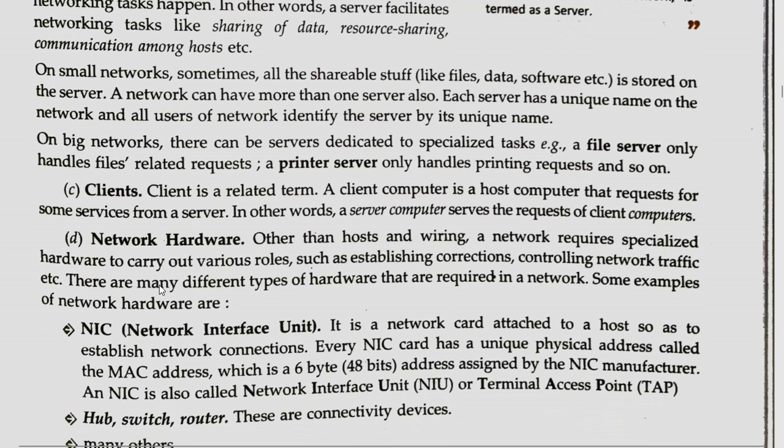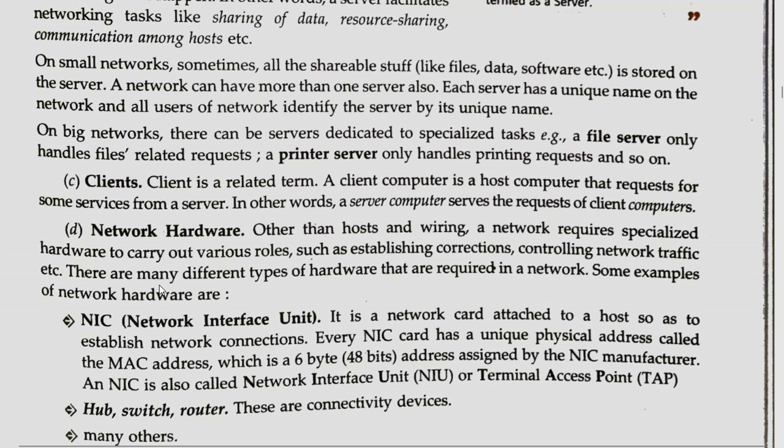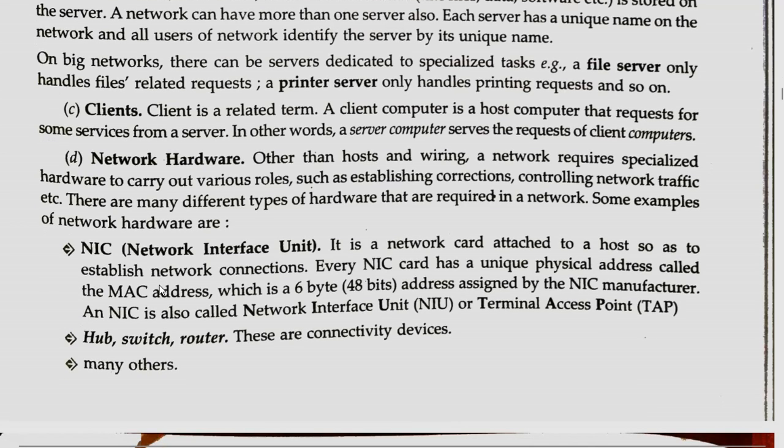Then there was network hardware, which includes the NIC or network interface card, created for the purpose of establishing connections in the network. These cards are created by NIC manufacturers, who provide a MAC address, which is a 6 byte or 48 bit address. This NIC also requires other hardware like the hub, switch or router, which are purposely meant for creating connectivity among networks.